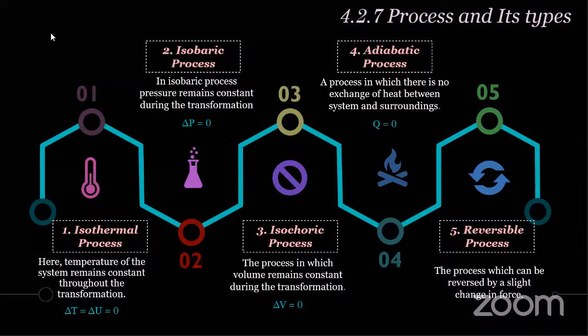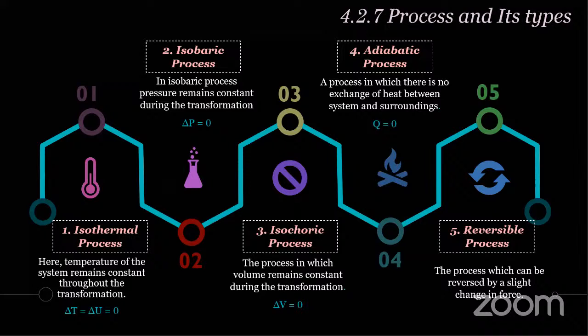The various processes in chemical thermodynamics, there are 5 processes involved. Number 1 is isothermal, then isobaric, isochoric, adiabatic, and reversible processes. All are very, very important. You have to remember the properties, or at least the ones that you see in blue.